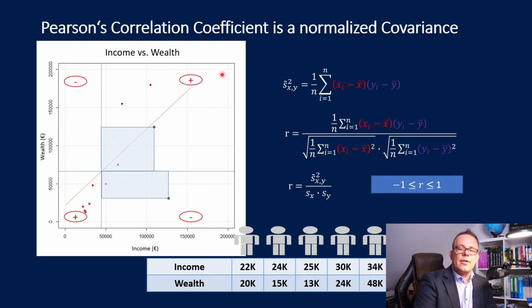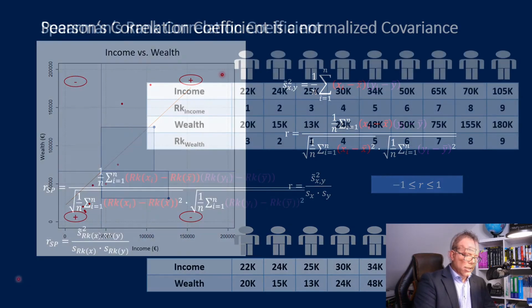Accordingly, the Pearson correlation coefficient can be dominated by only one observed point.